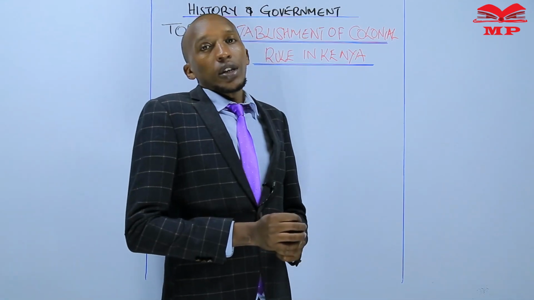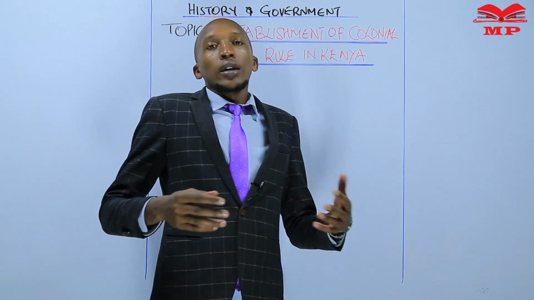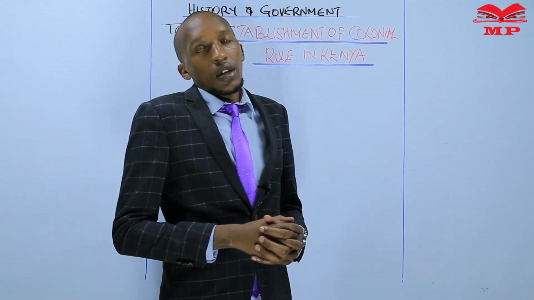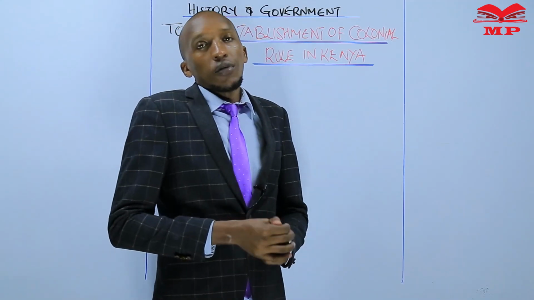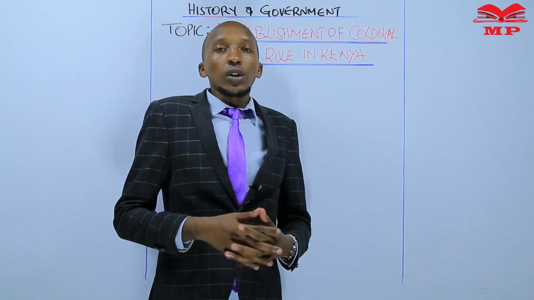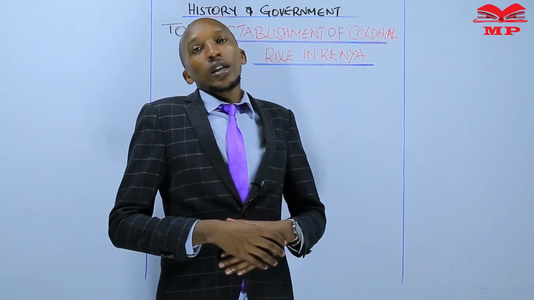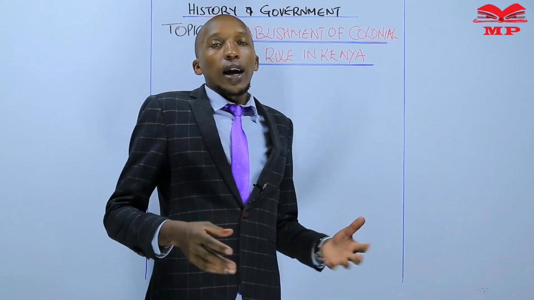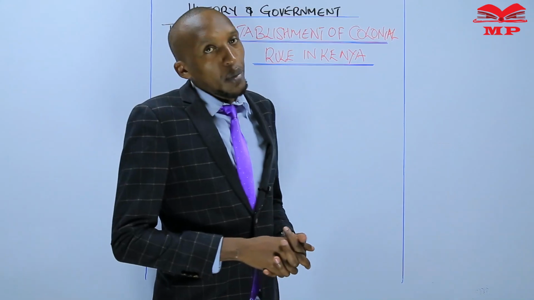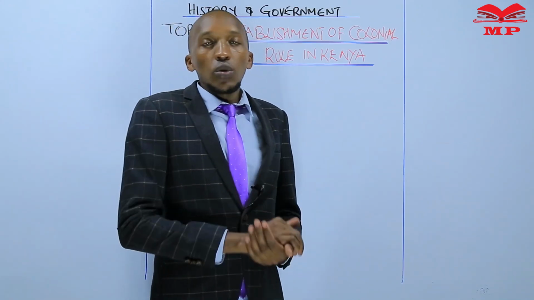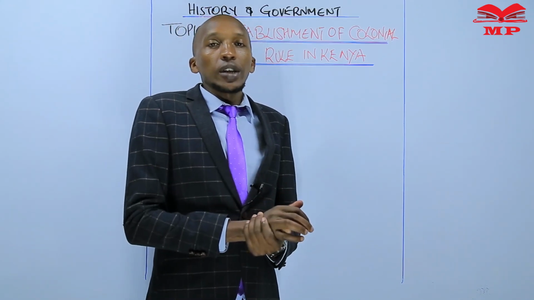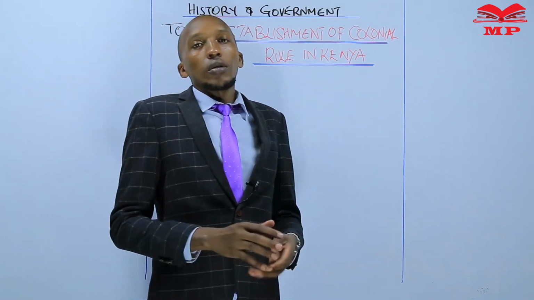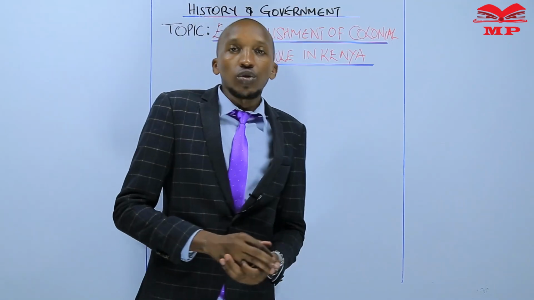And remember, we started by looking back and seeing the process of the partitioning of East Africa, and finally how the British started to occupy the Kenyan territory. We also learned that they used company rule to establish authority and control in Kenya.